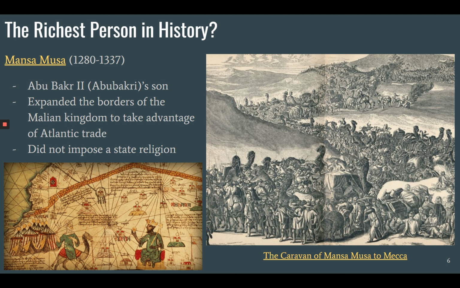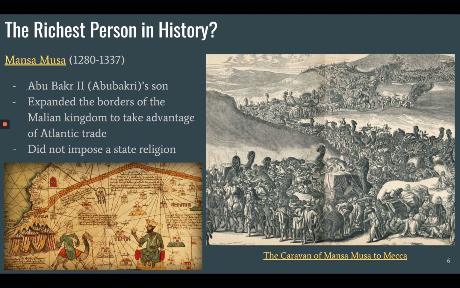He was a devout Muslim who made journeys to Mecca, and these are well known and recorded as having been gigantic enterprises, the move of people to Mecca, and this is one image, a reproduction of what that is supposed to have looked like.